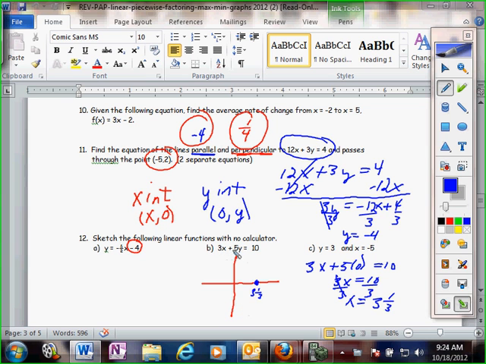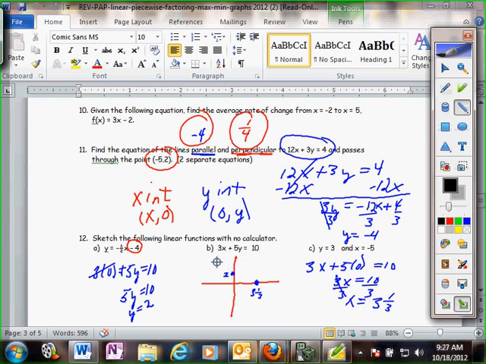To find the y-intercept, make the x 0. So I have 3 times 0 plus 5y equals 10. That cancels, which is 5y equals 10, and y equals 2. So if y is 2, then the y-intercept is right there at 2.